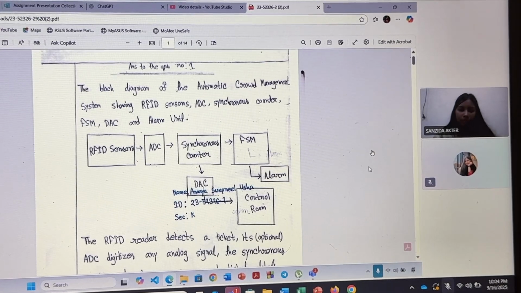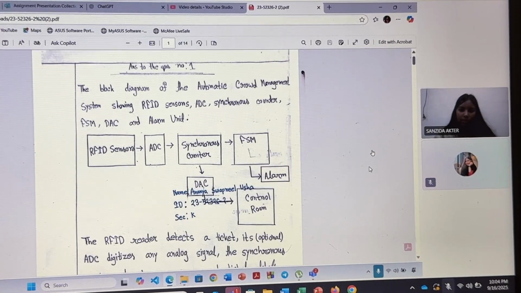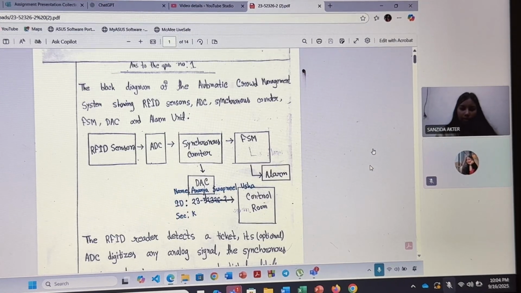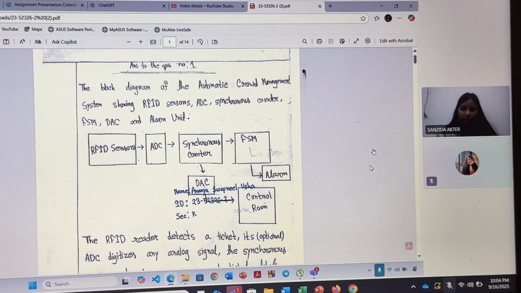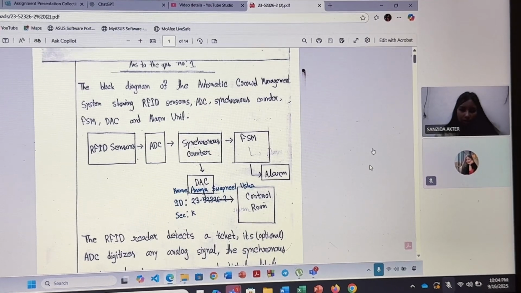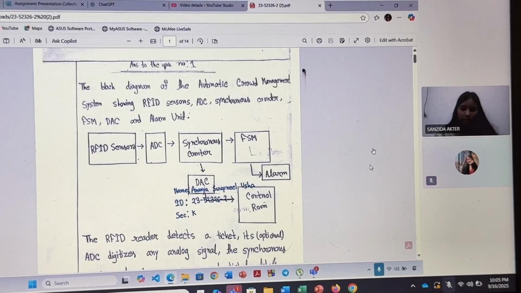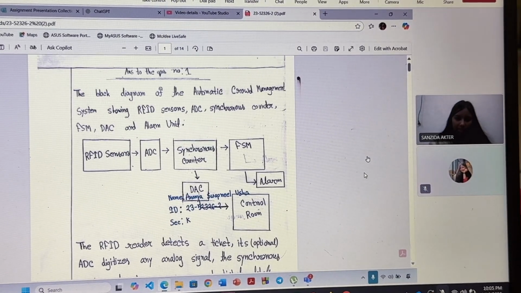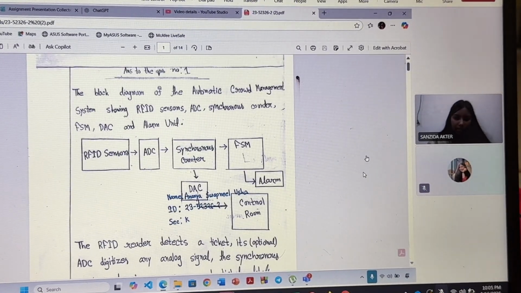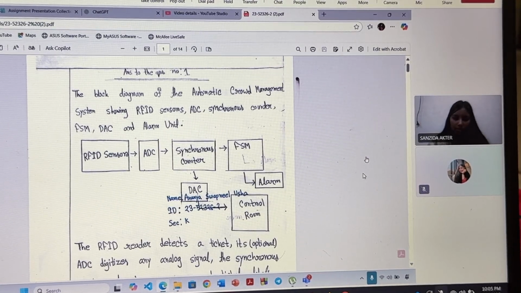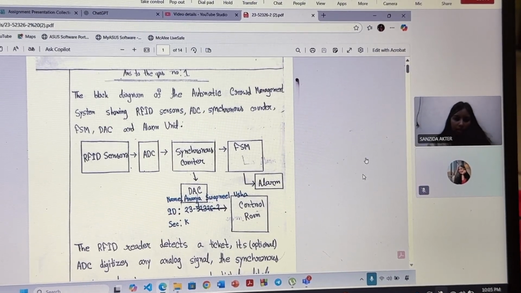The first question asked me to draw a block diagram of the automatic crowd management system including RFID sensors, an ADC, a synchronous counter, a finite state machine, an alarm circuit, and a DAC. The diagram begins with the RFID sensor since every passenger must scan before entering.